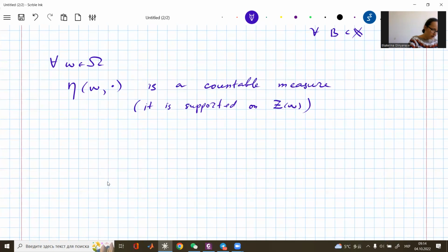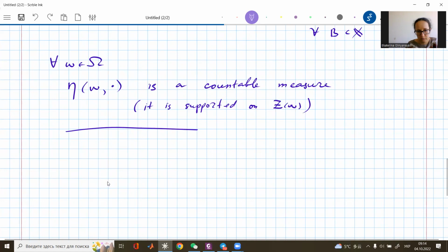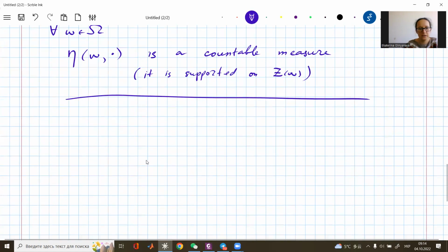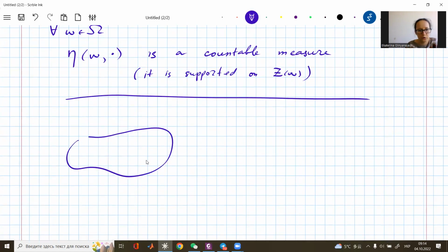But for now, we did not say anything about measurability. Okay, we now understand that we can describe a point process as a mapping from space omega into, I will write, the space of measures.